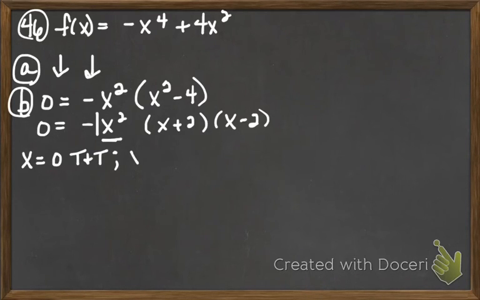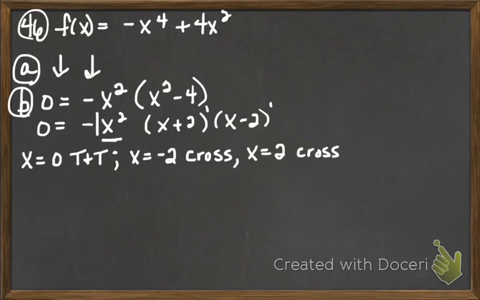Go to the next factor, set it equal to 0, and you get negative 2. The multiplicity of that factor is 1, so that's just going to be an x-intercept where your graph is going to cross. Last factor, x minus 2, set equal to 0 is 2. That multiplicity is odd. That's just going to be an x-intercept where your graph crosses the x-axis.